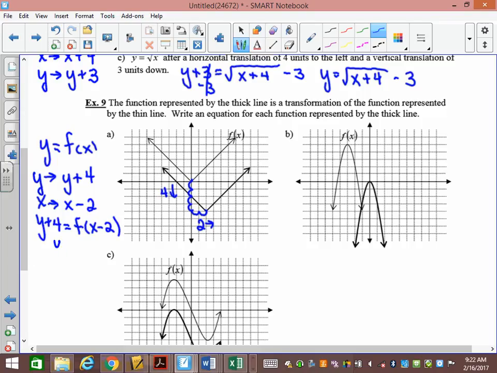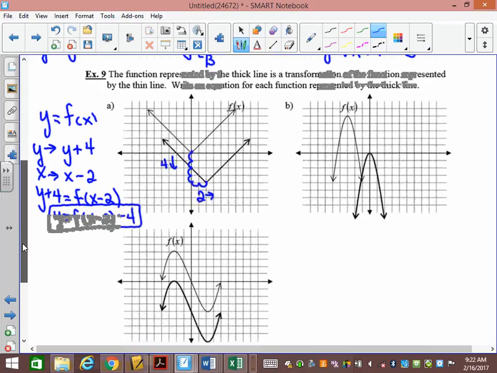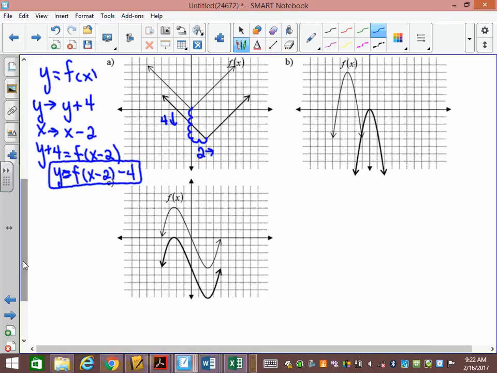Move your 4 over, so we get y equals f of x minus 2, minus 4. Okay? Then we're going to flip over.